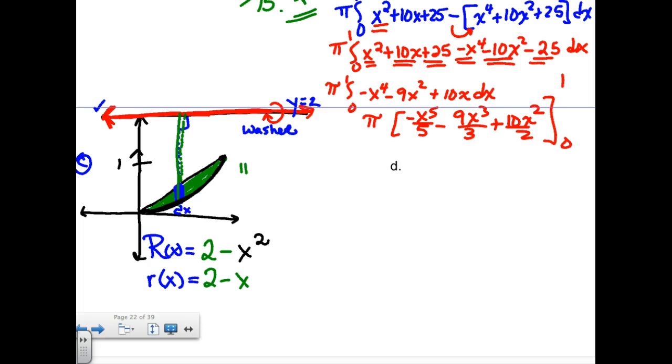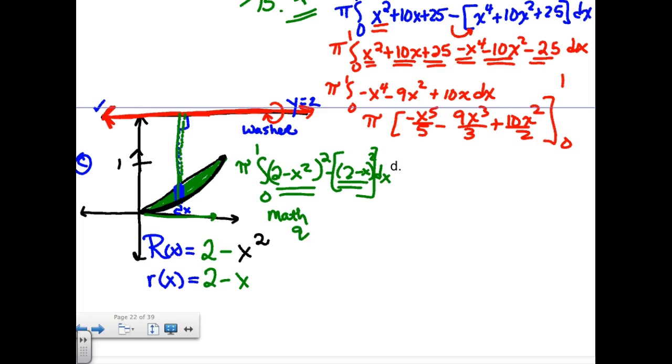It's pi times the integral from, again, I'm still going along the x-axis, from 0 to 1 of big R squared minus little r squared with respect to x. And then this again, you would FOIL, beefy brackets when you do, and then watch your arithmetic. Or if it's calculator active, you would math 9. And I will leave that one undone.